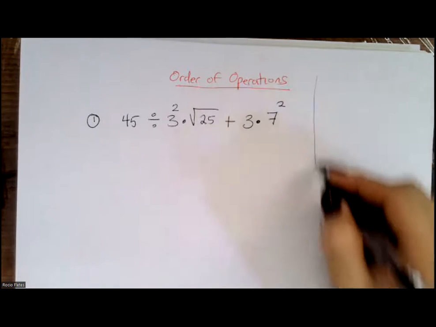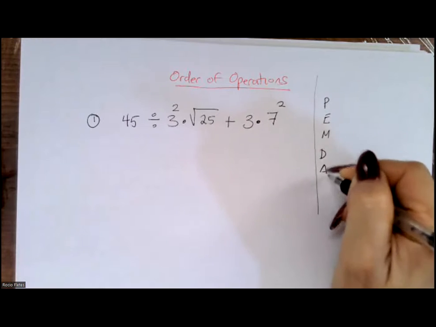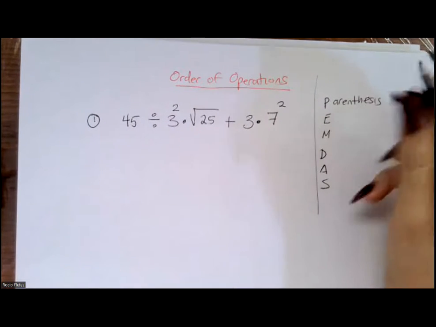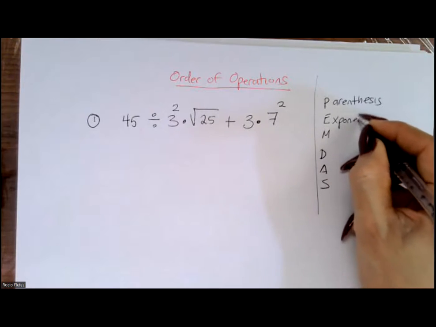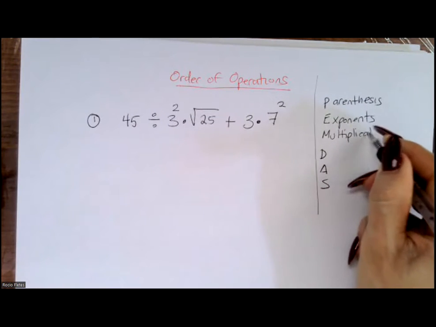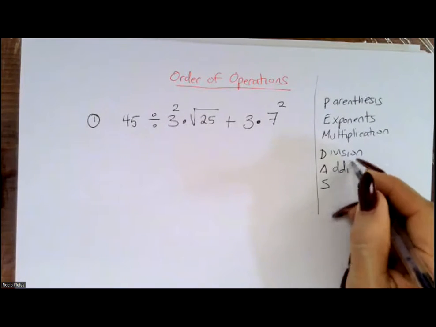Now the order of operations, PEMDAS, says that we need to do parentheses first, then exponents. Multiplication and division come together, and I will explain what that means. Addition and subtraction come together.